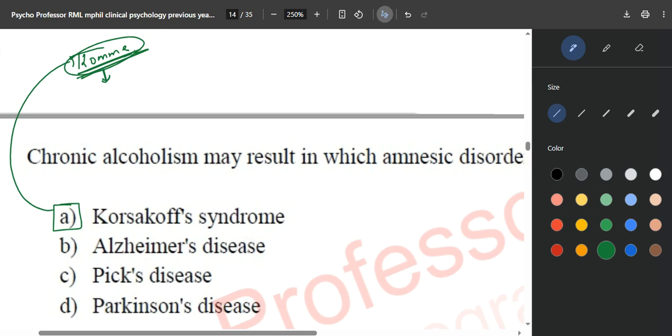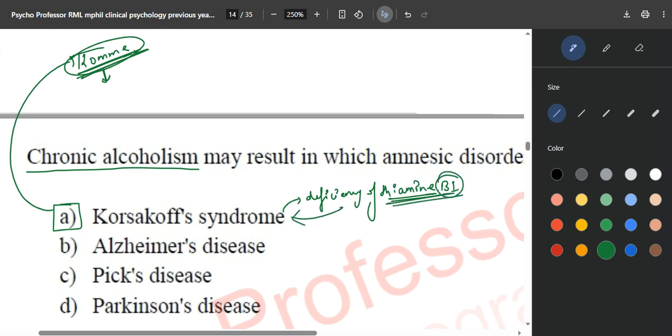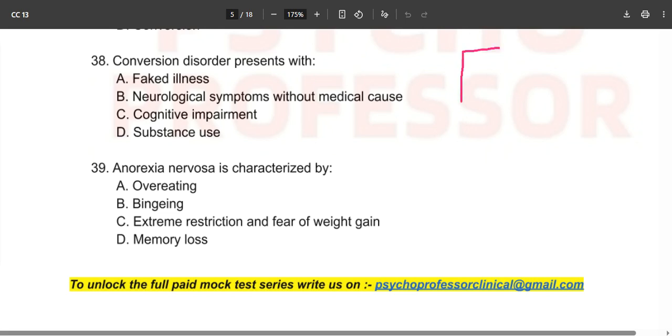But it is not just chronic alcoholism we are going to discuss. It is also a deficiency of thiamine, thiamine B1, I guess. Thiamine B1 deficiency is also going to cause Korsakoff syndrome. So are you getting why this is happening? See, let's suppose this is your brain.